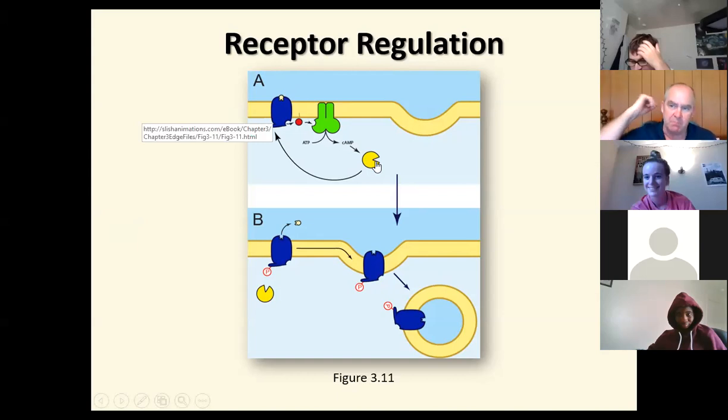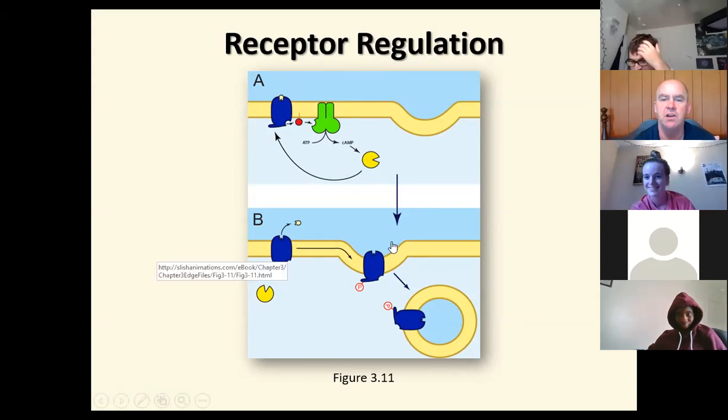One of the feedback mechanisms here is once you get that kinase activated, it comes back and phosphorylates the receptor. Phosphorylation of that receptor then leads it to move across the membrane and end up in these pits. The pits then endocytose, and it takes those receptors out of the membrane. So if you overstimulate these receptors, you get this feedback mechanism that pulls the receptors down out of the membrane. And if you continually overstimulate, those receptors will go to the lysosomes and get degraded.